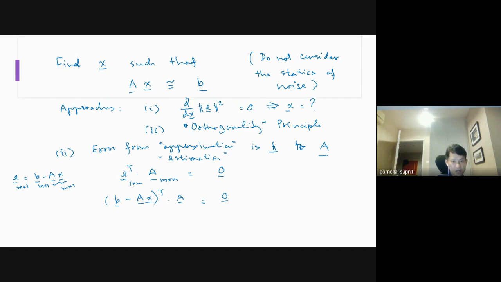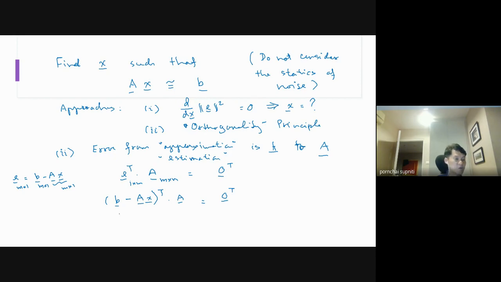Also, here we have E transpose multiply with A. We have dimension of 1 multiplied with N. So I should put a transpose here, because when we say a vector, we often say column vectors. So this will be like this.